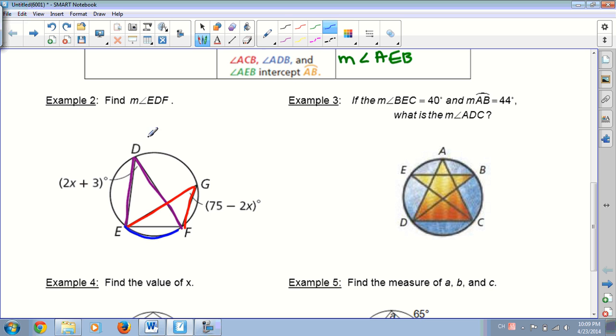Notice that the first and last letters of their angle names are E and F, so that's the intercepted arc. If they both have the same intercepted arc, that means that the two angles are congruent to each other. So in order to solve this problem, we're going to have to set these two angles equal to each other. 2x plus 3 is equal to 75 minus 2x.